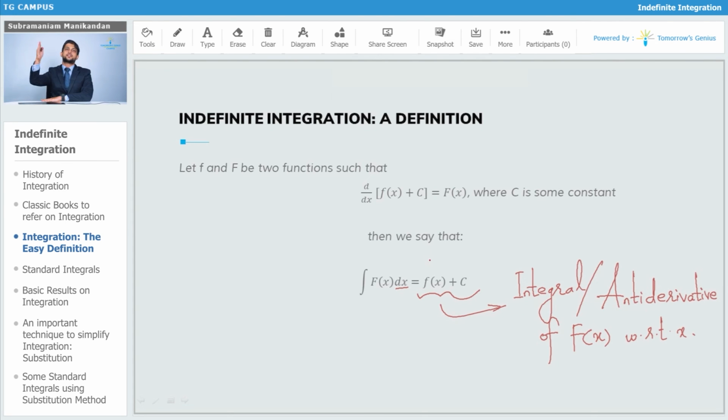Because that is the function to be differentiated in order to get back the function which is inside the integral sign. And moreover, in technical terminology, the function which is getting integrated is called the integrand.